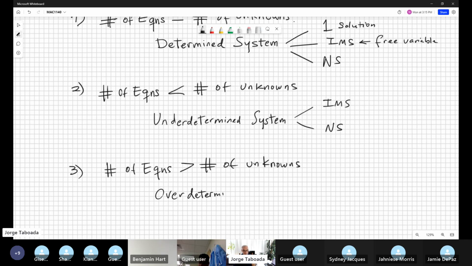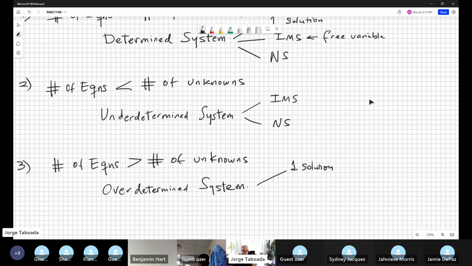Then you can find one solution. But one solution is very weird, very hard, or very improbable. I want to explain why. Infinitely many solutions and no solution.